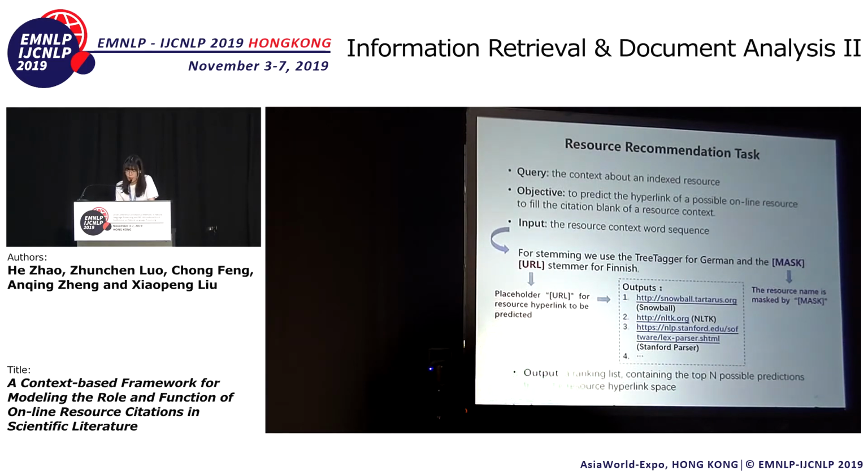In this example, the input is the resource context word sequence, and the placeholder URL is for the resource hyperlink to be predicted, and then we mask the resource name in this context.